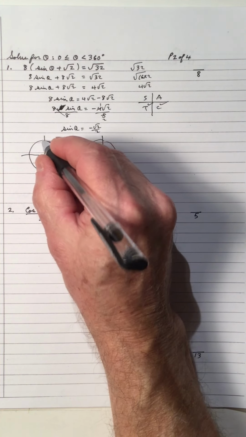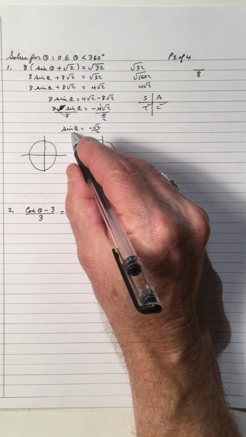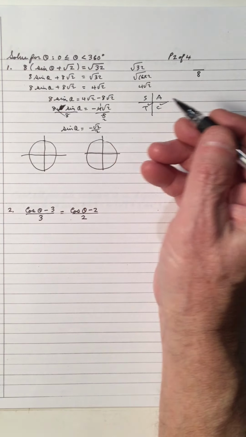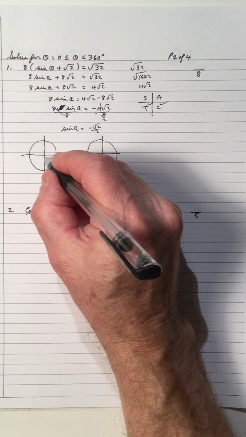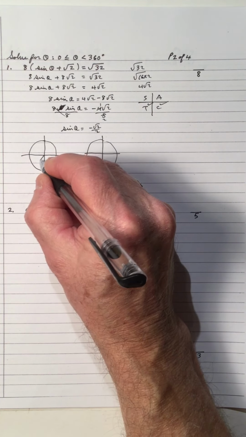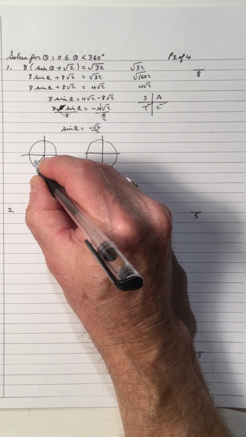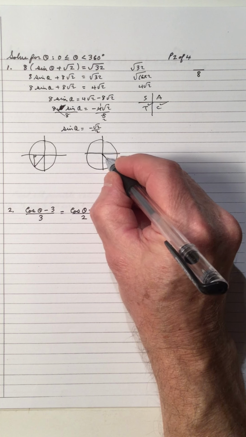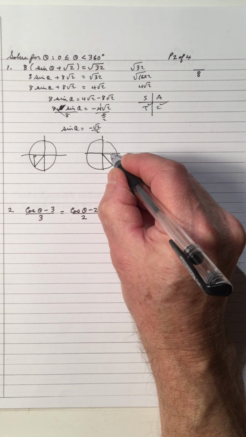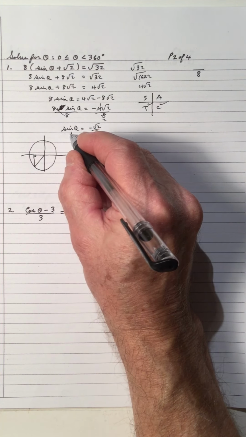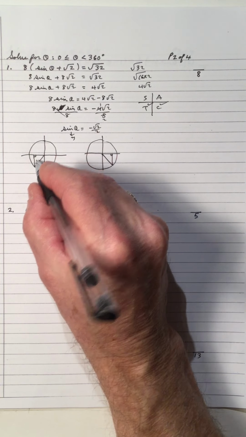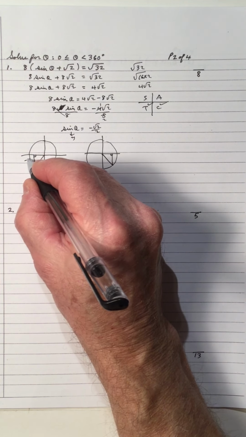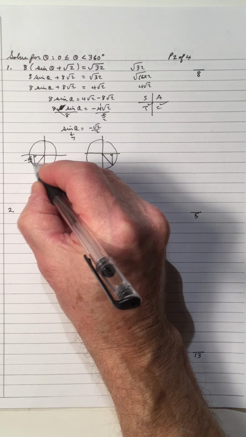There's the circles, and we have sine is root 2 over 2, so I know it's a 45, but I'll just draw the terminal arm in quadrant 3, perpendicular to the x-axis. Draw a terminal arm in quadrant 4, perpendicular to the x-axis. Sine is the y, so in this triangle, the y is negative root 2 over 2.